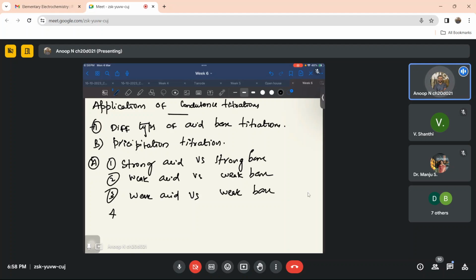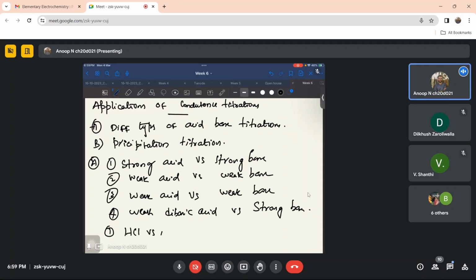Then fourth one was weak dibasic acid versus strong base. What's the example for strong acid versus strong base? Can you tell an example? What we have discussed in the class.